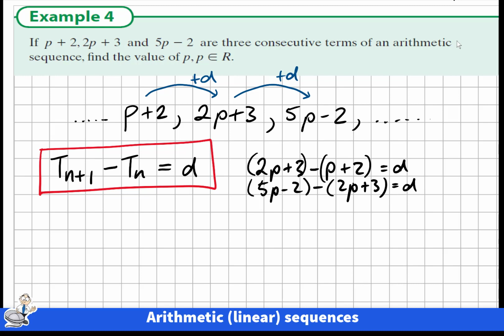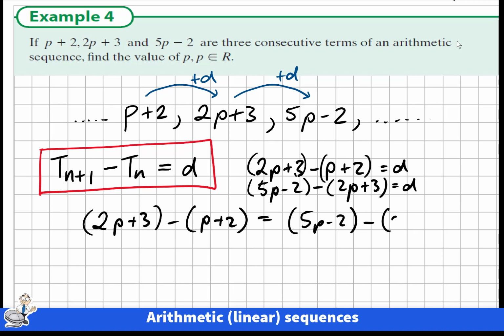So if both of these are equal to the common difference, well then they must equal each other. So this is my equation. So I have 2p plus 3 minus p plus 2 must be equal to 5p minus 2 take away 2p plus 3.